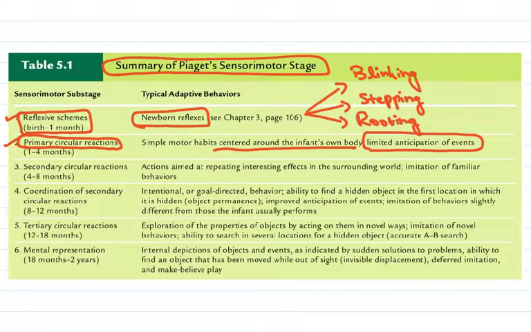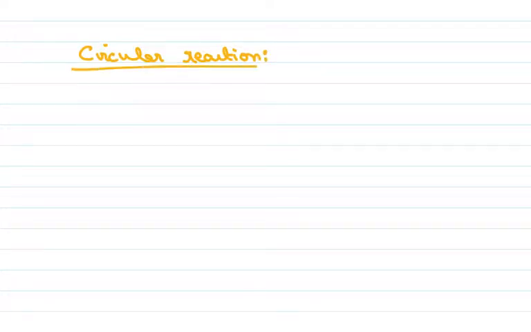So these are two very important things. Now, let's get to what a circular reaction is. What Piaget noticed was that children of this stage specifically accidentally, mostly, stumble upon an interesting behavior.